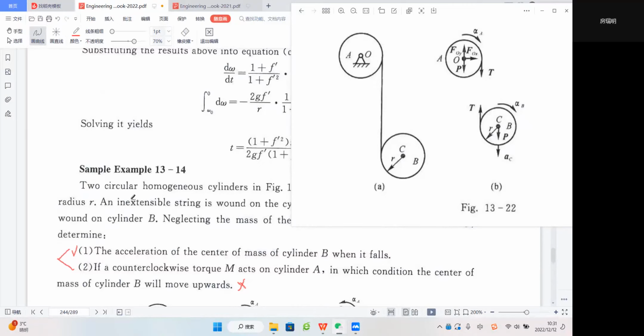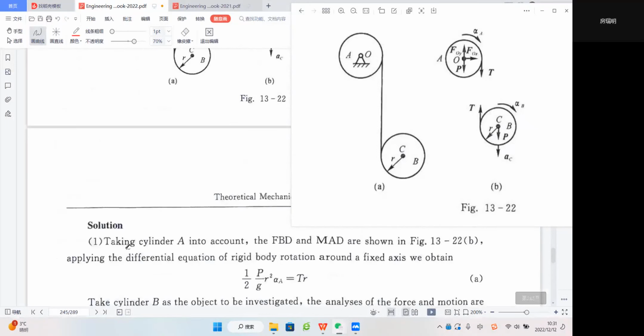We should consider A and consider B. For A, we have the FBD and MAD shown here. FBD means free body diagram. We use this terminology to denote that we use this FBD to give the force analysis of this cylinder A.